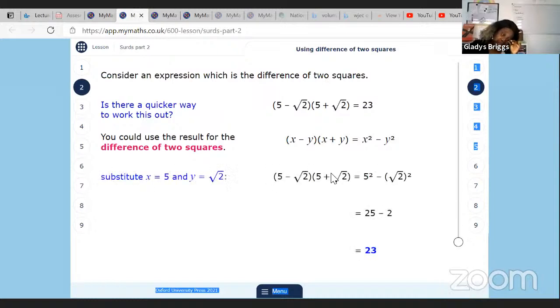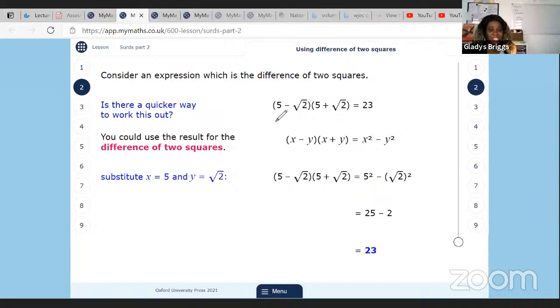I think I've told you about the difference of two squares before. Yeah, I think we did this when we were looking at quadratic equations. You already know it. So you know that the middle ones will cancel out each other.